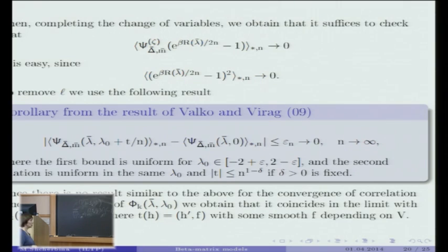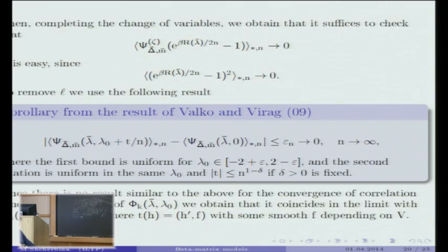This is just the place where I need this. By the way, in the first version of the paper, I thought that in the paper of Volkov and Virag, the same statement is proved for the correlation functions. I was mistaken. That is why my first version of the paper was mistaken in this sense.